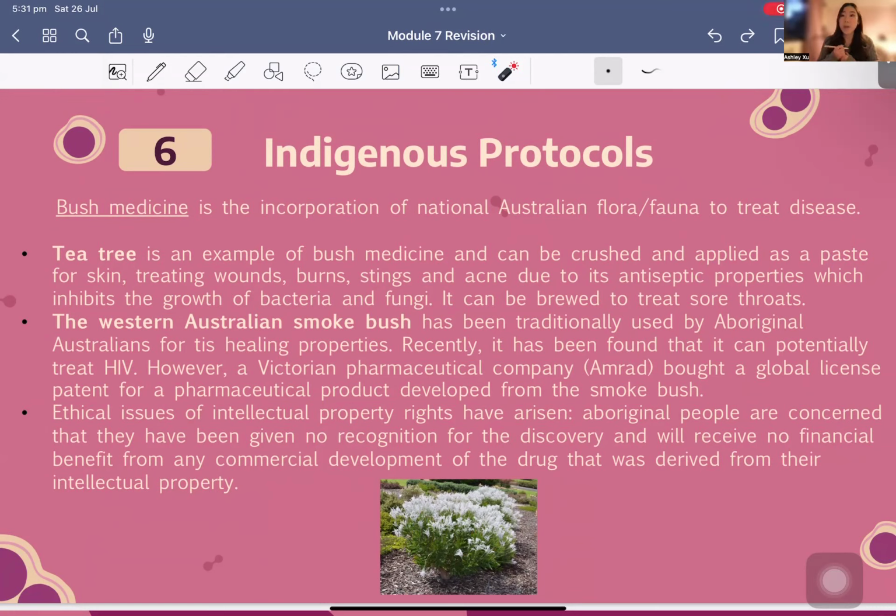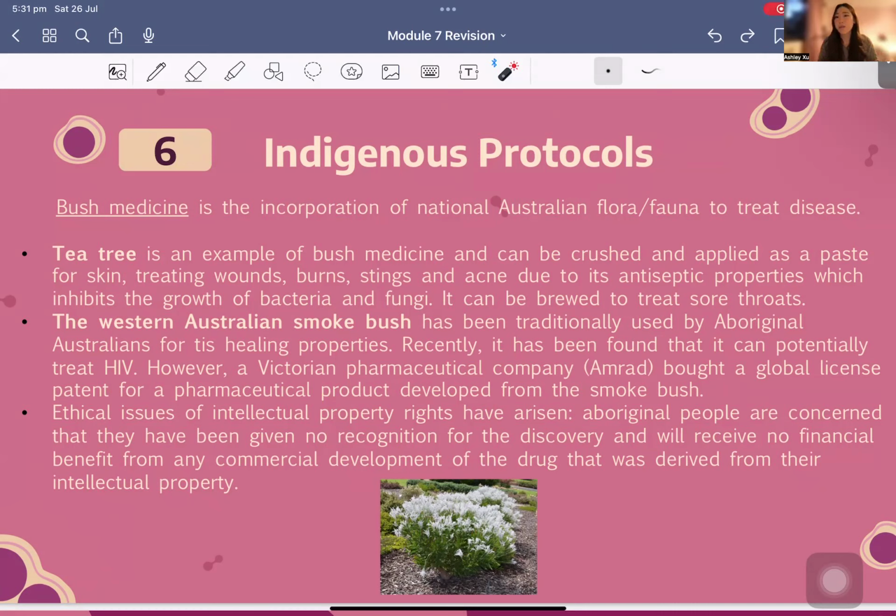You can actually put a patent on your intellectual property. But why is this case really important? It's because the smoke bush was originally a bush medicine, it's still a bush medicine, it uses Australian flora, but recently it has potentially been known to be a treatment for HIV.